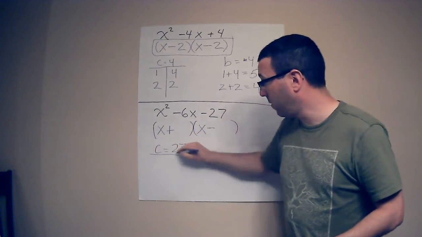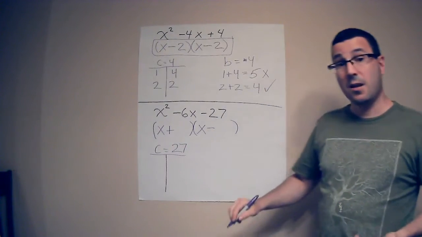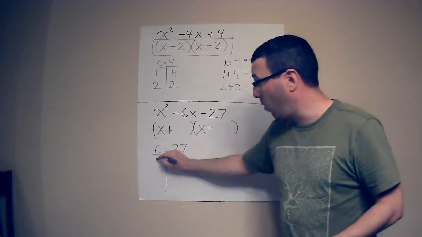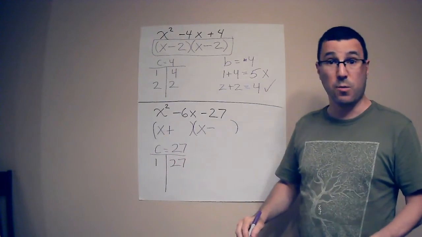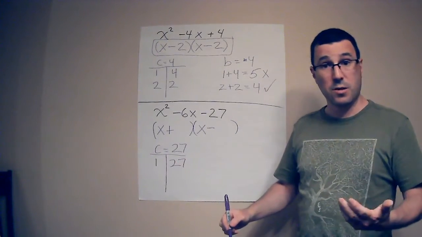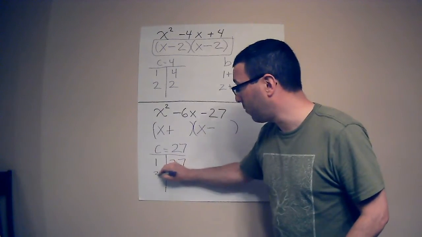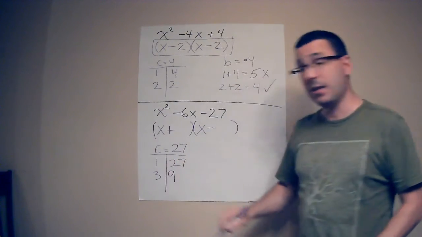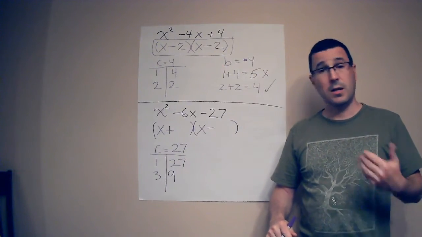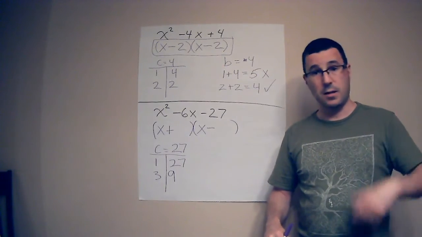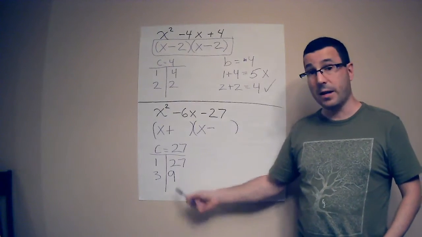So again, my factors, I always start with 1 and whatever the number is. So in this case, 1 and 27. 2 doesn't go into 27, but 3 does, and 3 goes in 9 times. 4 doesn't go in, 5 doesn't go in, 6 doesn't go in, 7 doesn't go in, 8 doesn't go in, and we're back around to 9.